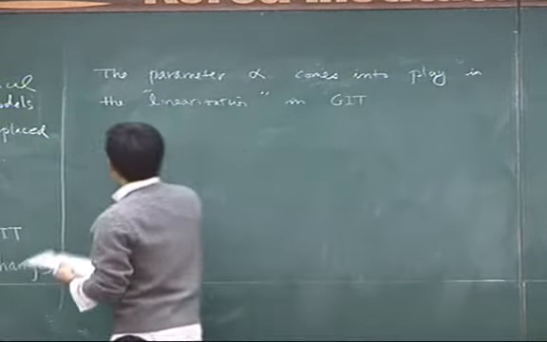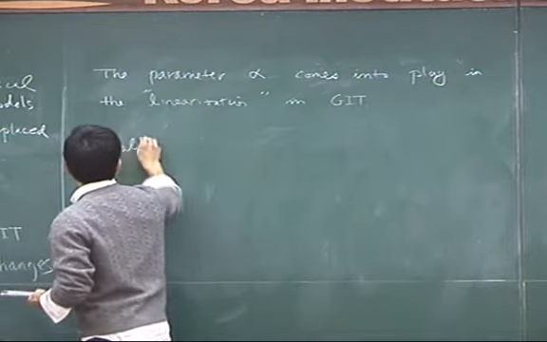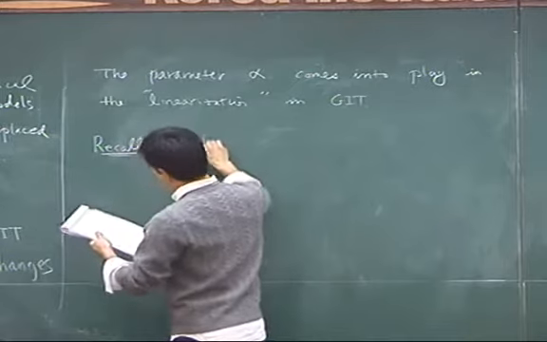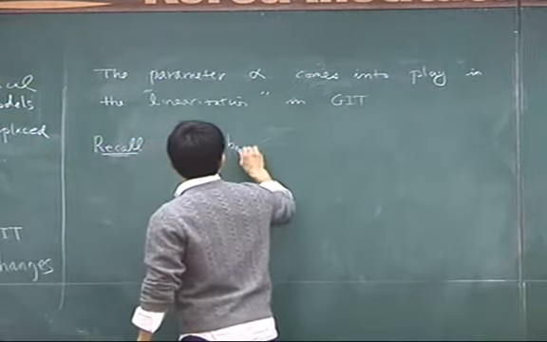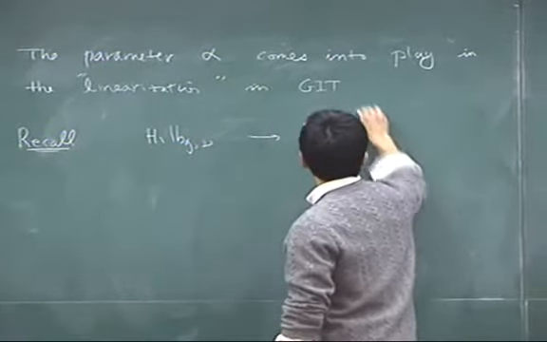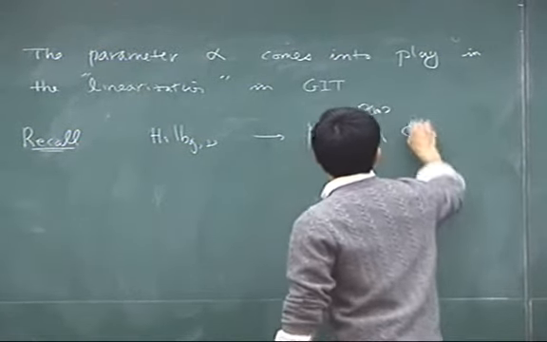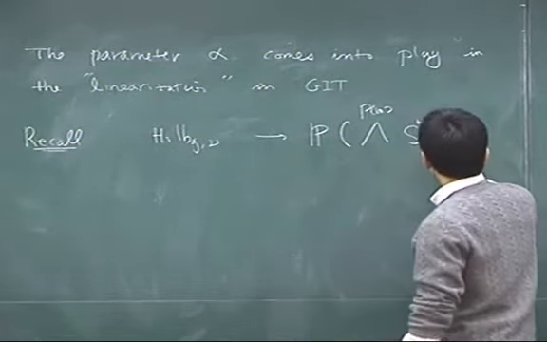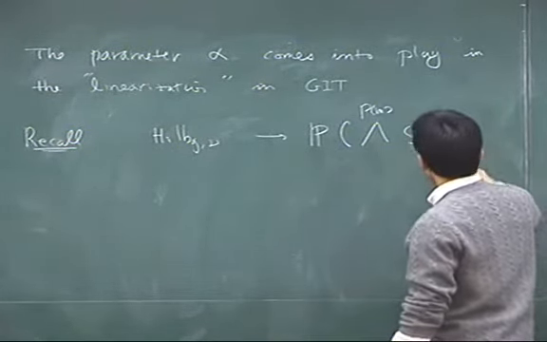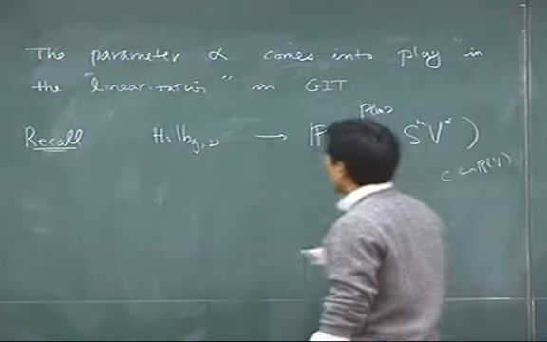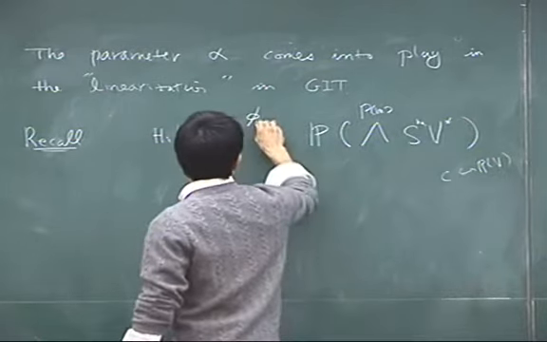So let me quickly recall what Ian wrote down a couple of hours ago. So you've got this Hilbert scheme, H_{g,nu} into P(Sym^m V*). V is where the curve is embedded. C is in P(V).